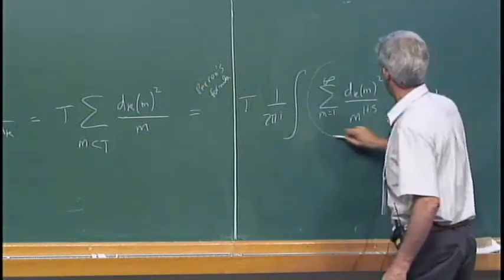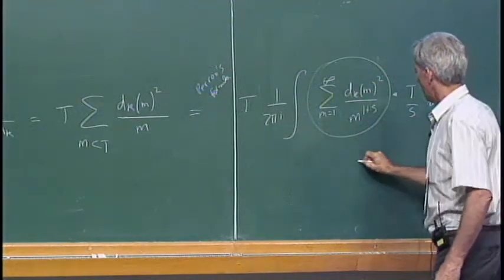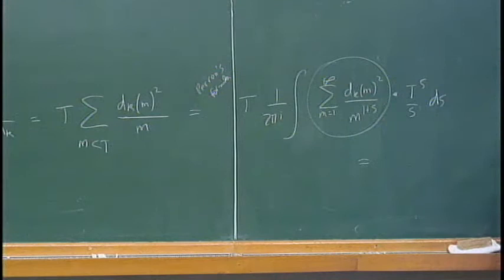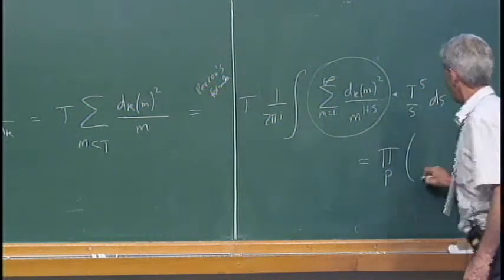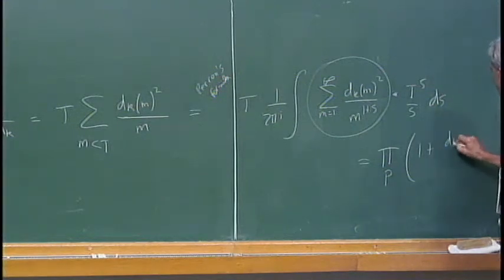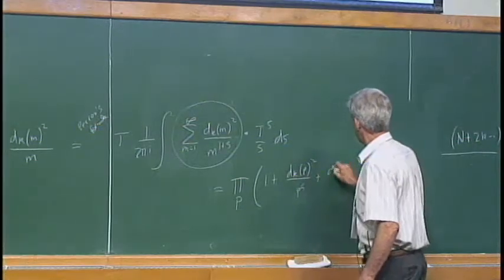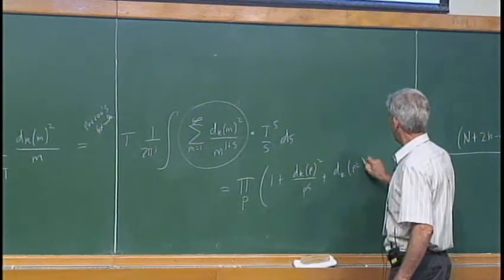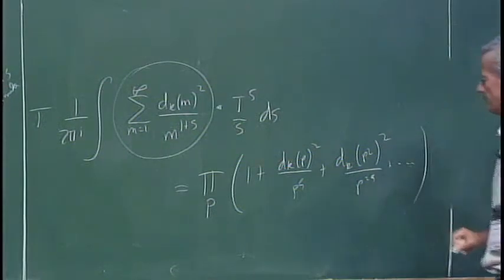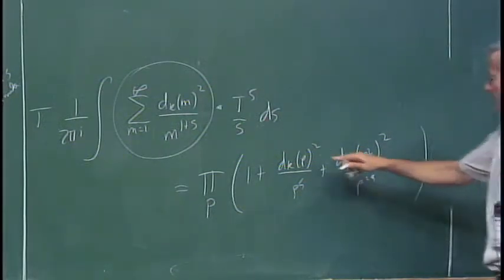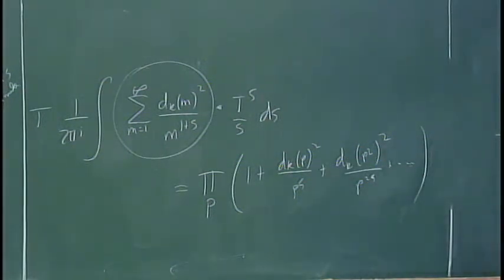Well, so what is this? dk is a multiplicative function, and so you can write this as an Euler product. It's the product over p of 1 plus dk of p squared over p to the s plus dk of p squared over p to the 2s, and so on. Now what is dk of p? It's the number of ways to write p as a product of k integers.